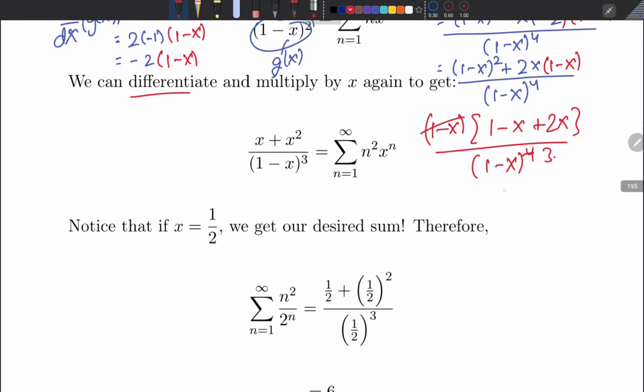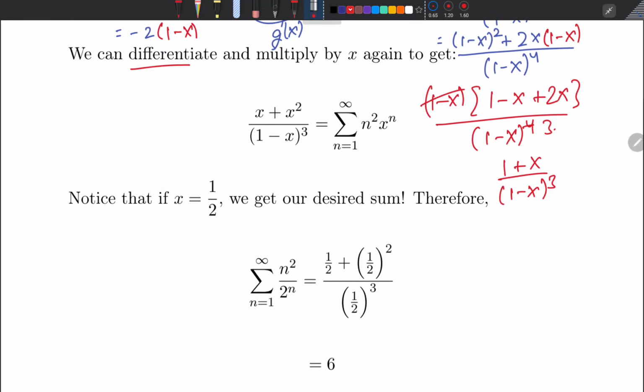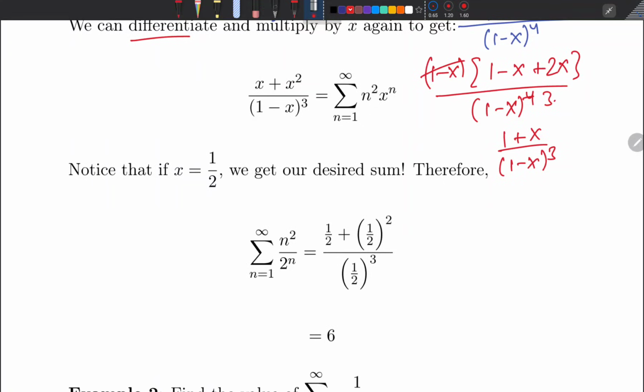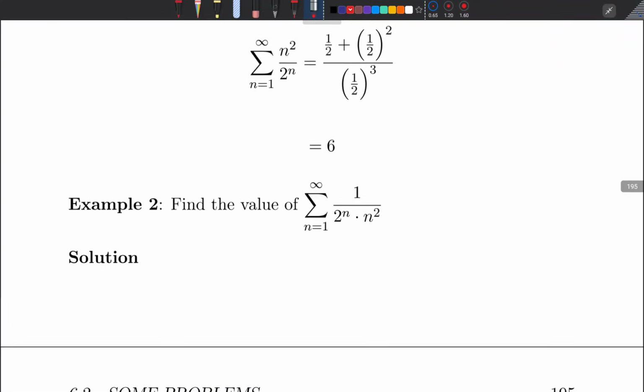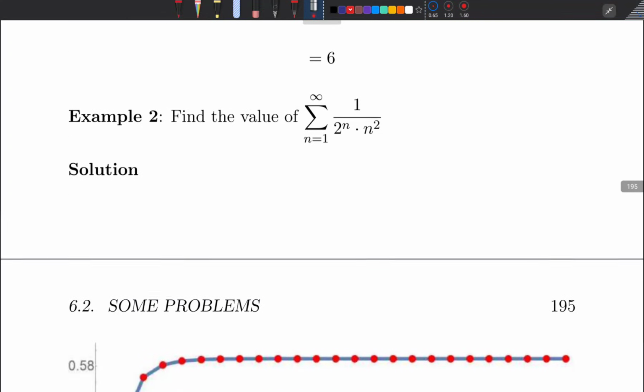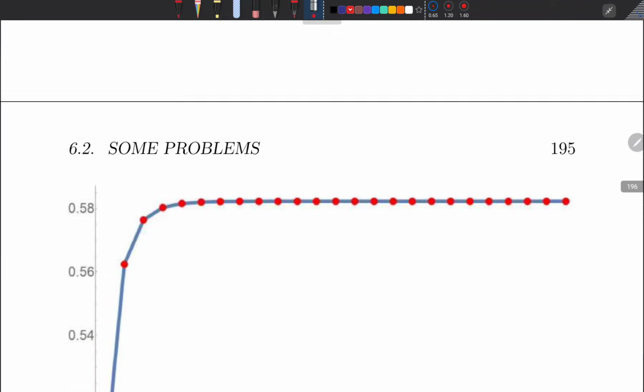In the numerator, we're going to have 1 plus x over 1 minus x to the 3, and what we have done here is multiply with x in order to get x to the n. I'm so sorry, I messed up a lot of times there, but it's all right. We just got to learn something, right? Okay, now we have this sum.